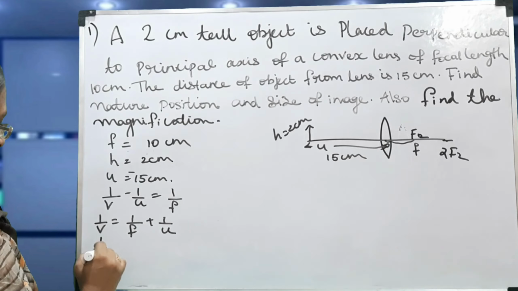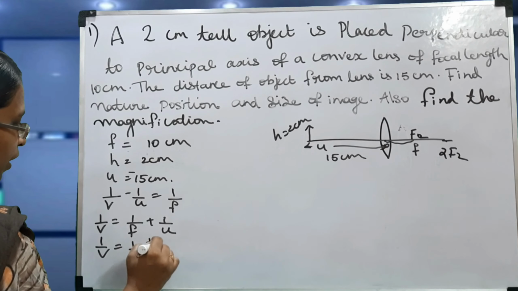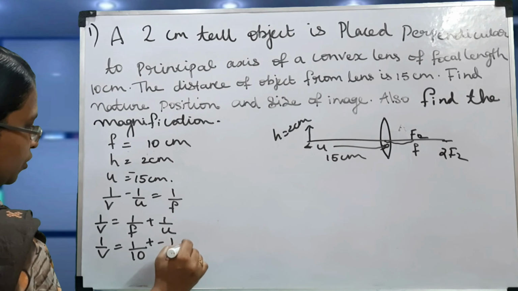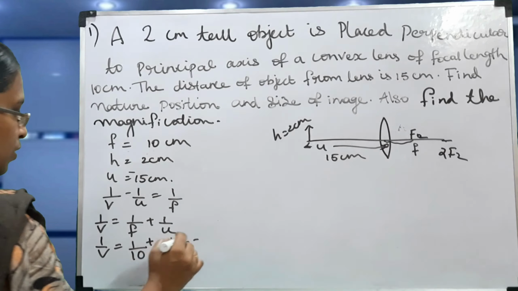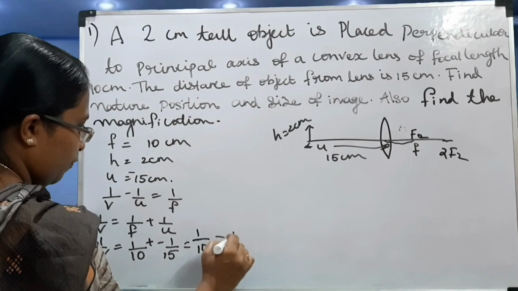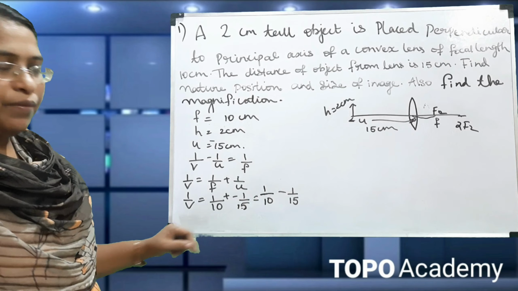That is, 1 by v is equal to 1 by 10 plus minus 1 by 15, which is 1 by 10 minus 1 by 15.